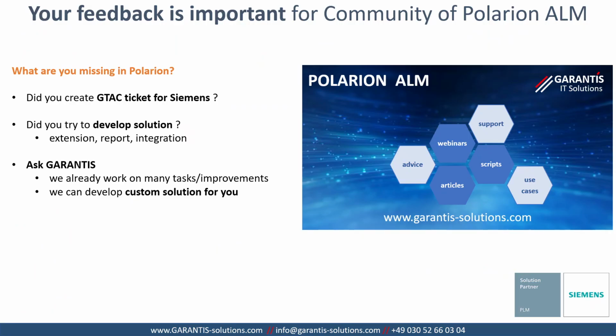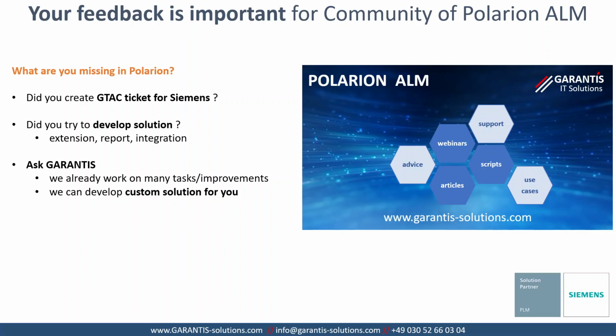What is missing in Polarion is a good question for many customers, and your feedback is important for the community of Polarion ALM. If you have something that you need and it is not there, did you create a GTAG ticket for Siemens?